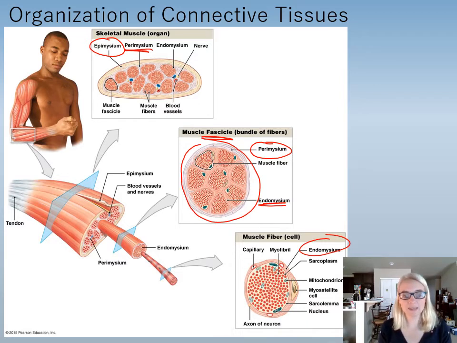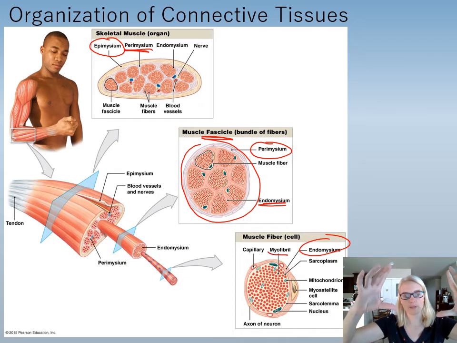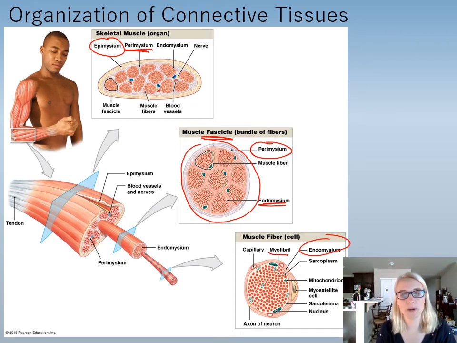And then within each muscle fiber, we can find these little guys called myofibrils. So we have the whole muscle surrounded by epimysium, made up of multiple fascicles, with each fascicle surrounded by a perimysium. Each fascicle is made up of individual cells. Individual cells are surrounded by an endomysium.